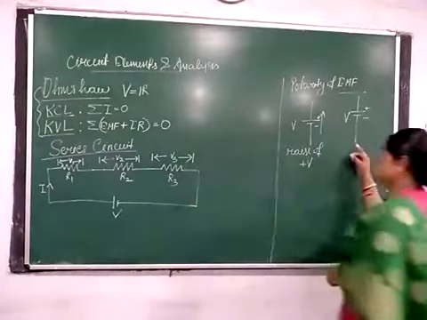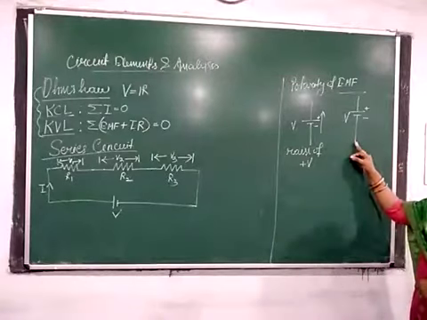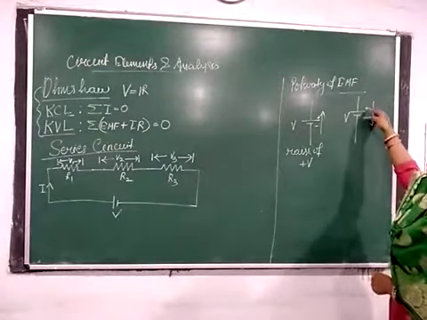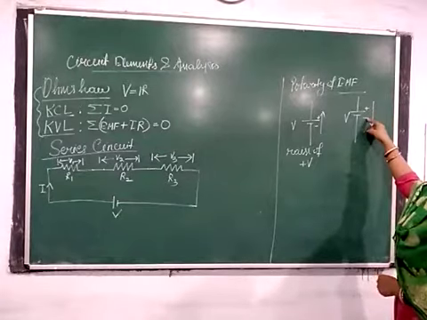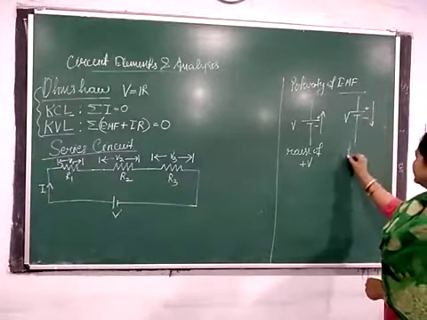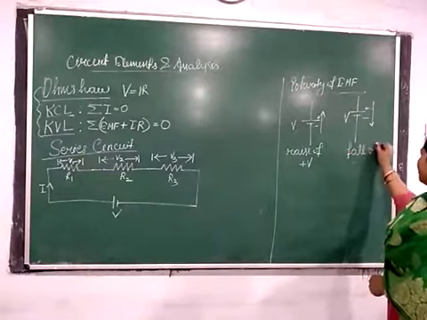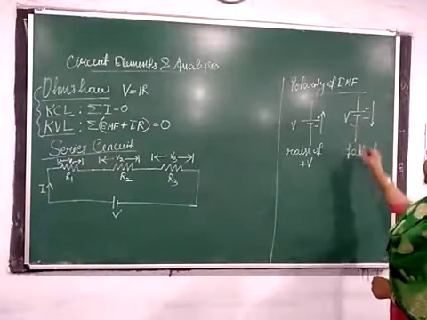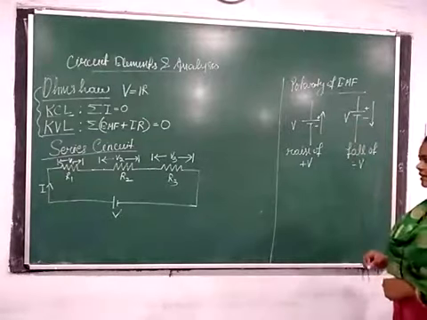But in the second case, if you go from positive to negative polarity of the battery, a fall of voltage takes place, so the polarity is minus V.